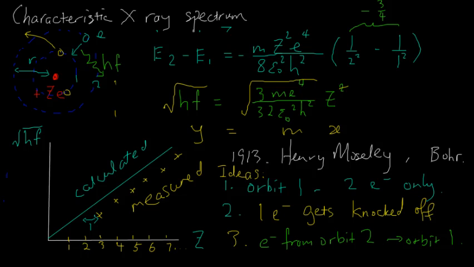And the idea leads to this kind of a guess, if you like, or this conclusion, which is that when this electron first gets knocked off, and before the other electron has fallen into the first orbit, there's only one electron left.